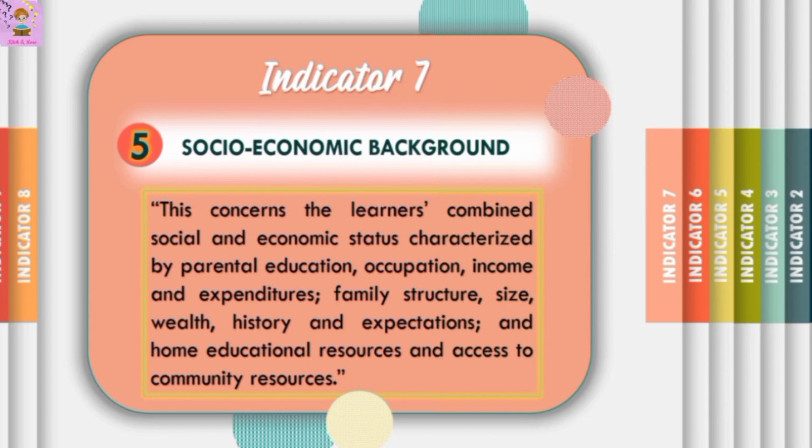Understanding our students' socioeconomic background means considering their family's financial and social situation. For example, if we know that some of our learners may not have access to the internet at home due to financial constraints, we can provide printed materials for homework or offer extra help during school hours. This ensures that all students, regardless of their economic circumstances, have an equal opportunity to succeed in their studies.